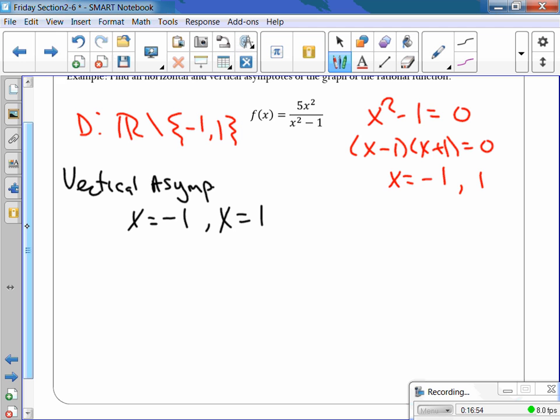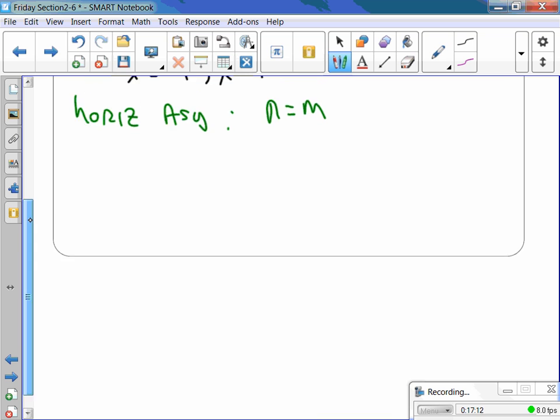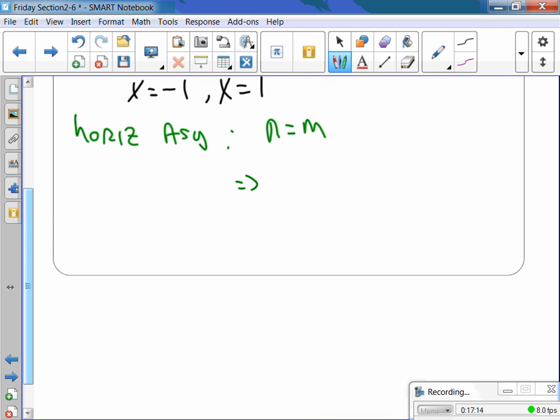Horizontal? What case do we have here? So when we had the same, what did we do? We had y equals the ratio of the coefficients, right? So what was my coefficient on my numerator? 5.